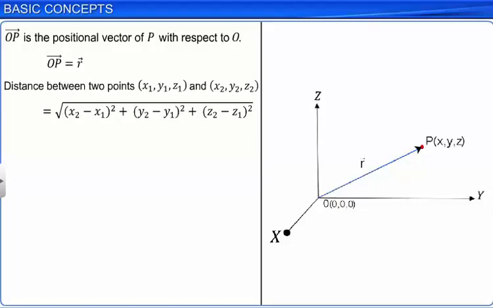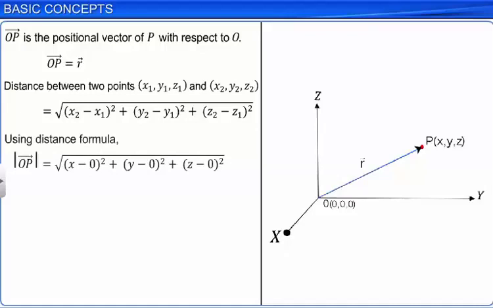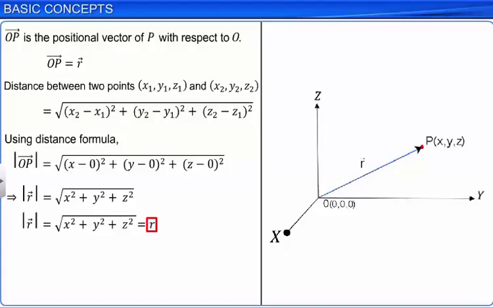Using the distance formula, we get the magnitude of the position vector of point P with respect to the origin. It is equal to under root of x square plus y square plus z square. The small letter r, written without the arrow, represents the magnitude of vector r.